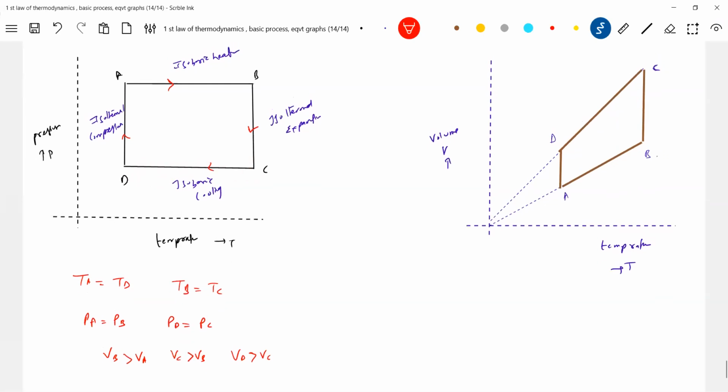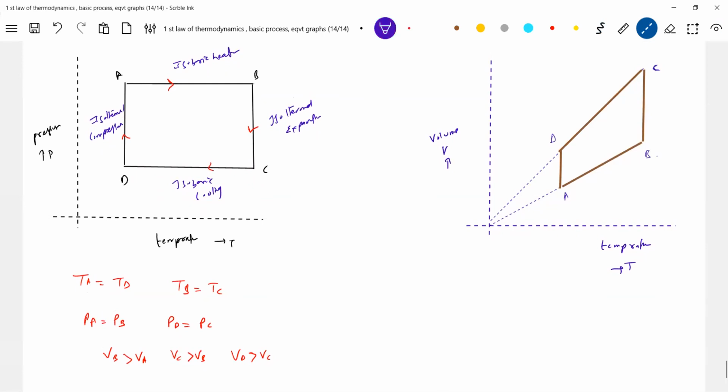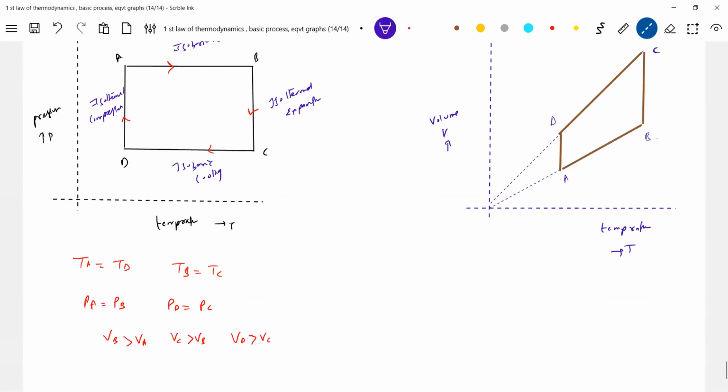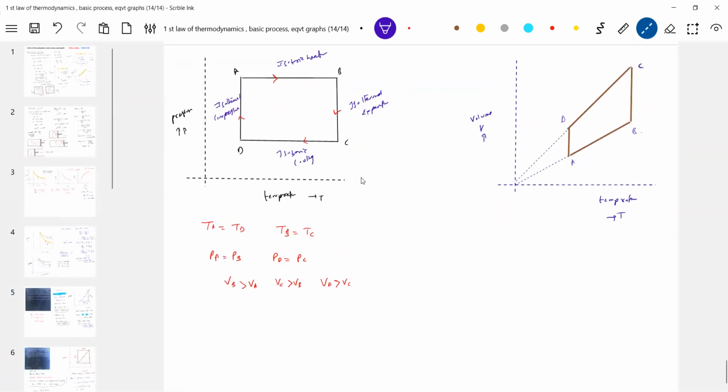Okay, let's go for the graph here. Already volume is plotted, no?